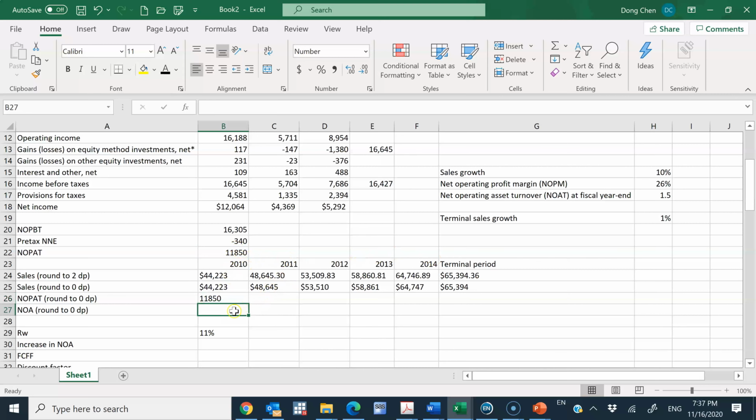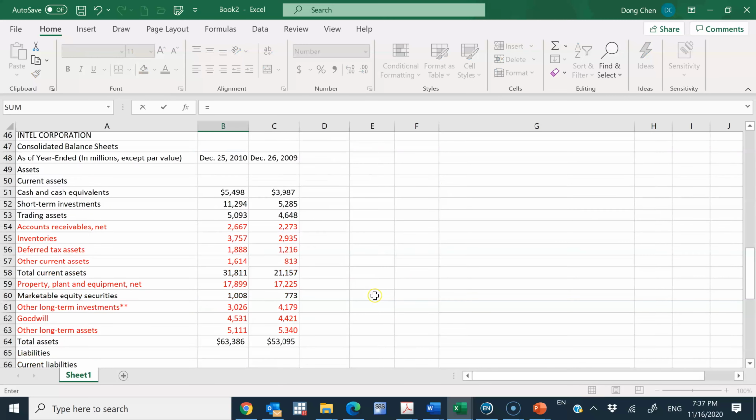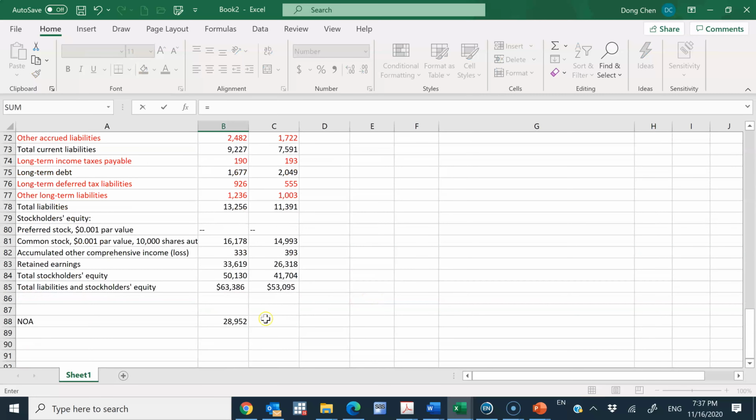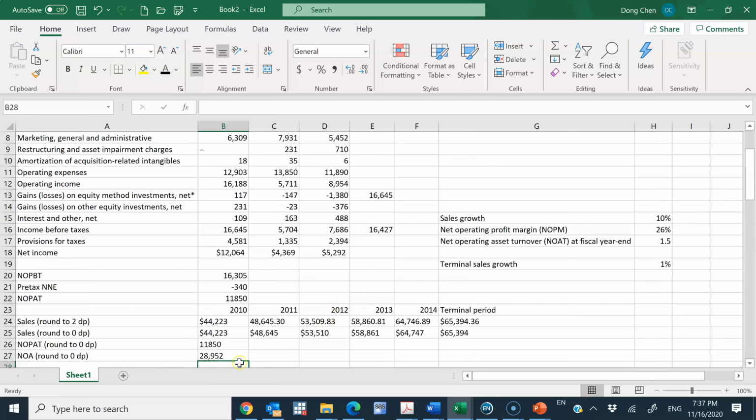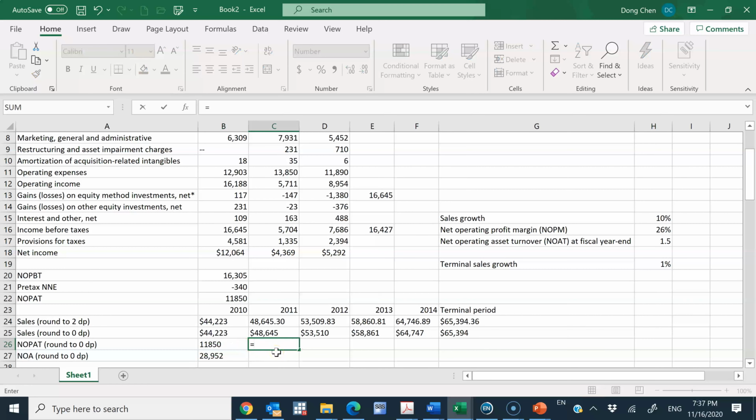And the same is true for NOA. NOA is simply the current year's number, what we already calculated. So I just use that number here. And for NOPAT, as we said, we can calculate based on the sales times this NOPM.